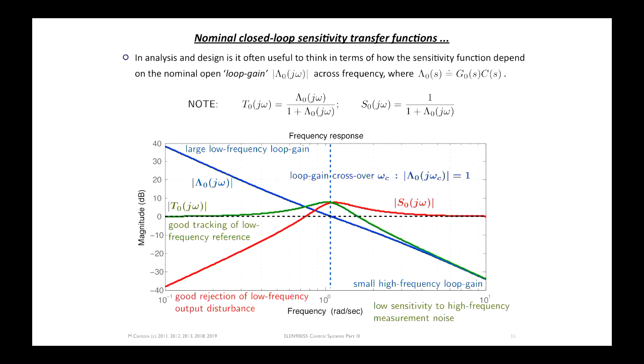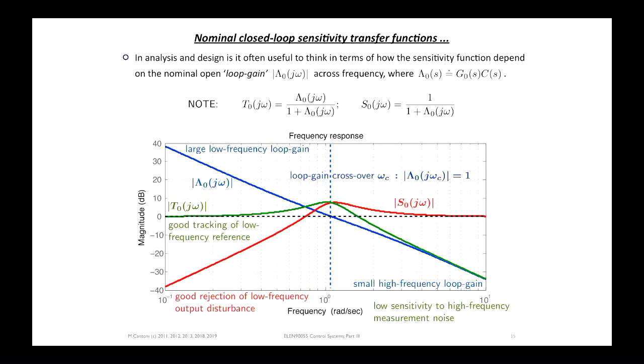Now, in design, it's often convenient to think in terms of how the shapes of the sensitivity functions relate to the shape of the so-called open loop transfer function. The open loop transfer function is just the product of the plant and controller transfer functions.